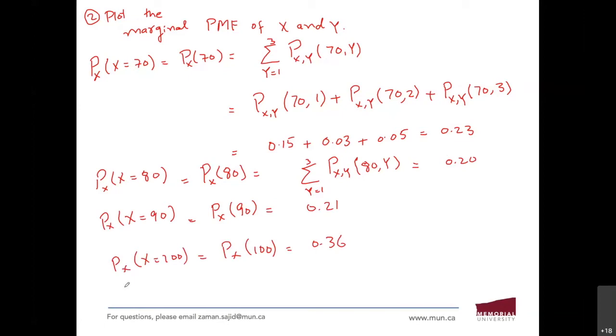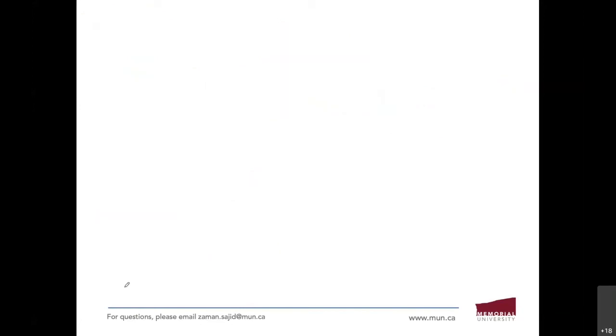Now in the next slide, I will write down the marginal PMF for y. Now when we are interested to find the marginal PMF of y, that means y starting from 1, this is equal to the joint probability of x and y.